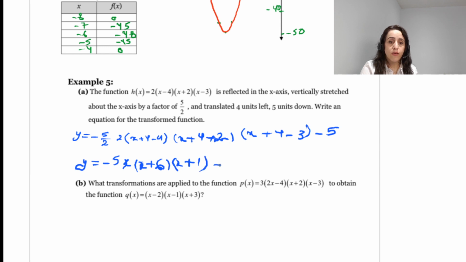Finally, minus 5. You can expand it to write it as an actual polynomial function, or you can leave it like that.